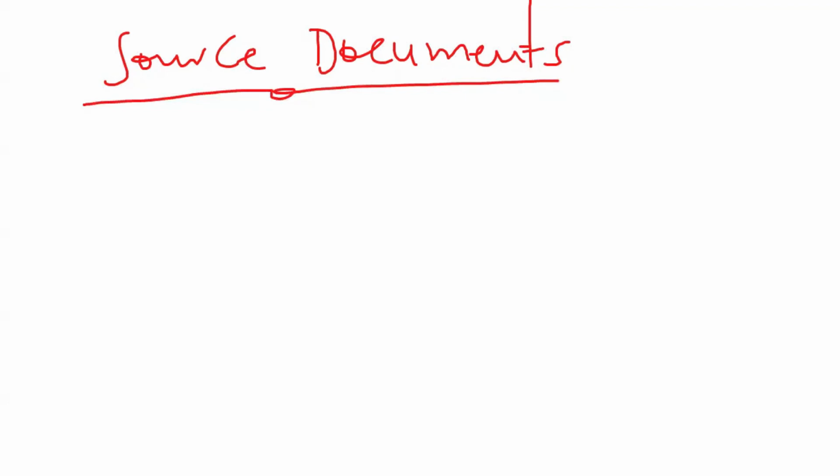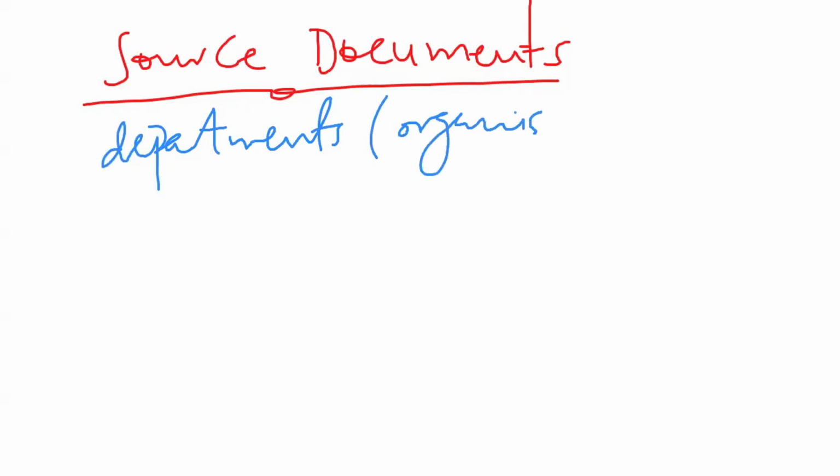A full organization or a company will have departments, and these departments will represent the organizational structure. The organizational structure will be showing how the company is organized.